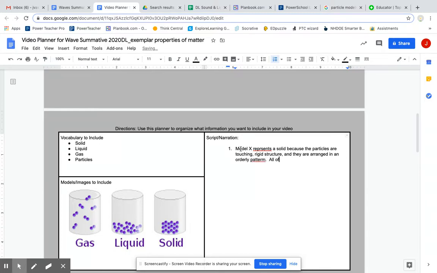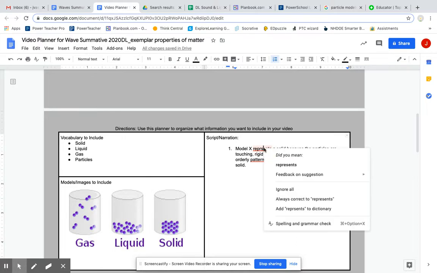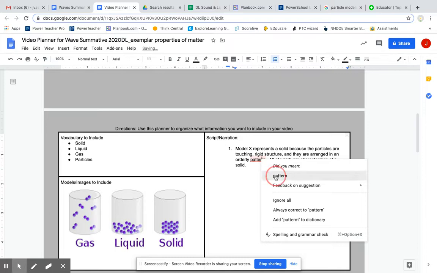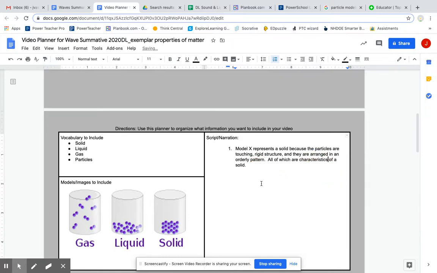All of which are characteristics of a solid. Okay, and I did a couple typos because I was trying to type fast, and we will fix that.